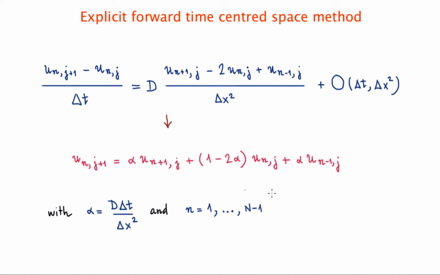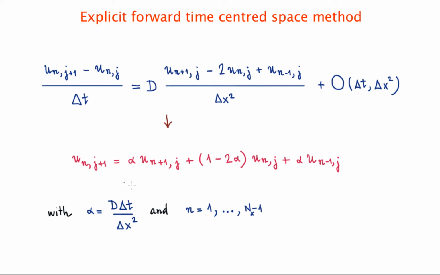And as it happens for the advection equation, here we have to apply that for n going from 1 to nx minus 1, where nx in this case will be the number of space steps. And also the alpha parameter arising in this equation, in order to simplify the expression, is basically D, the conductivity, times delta t over delta x squared.